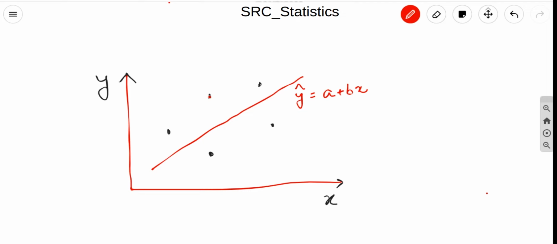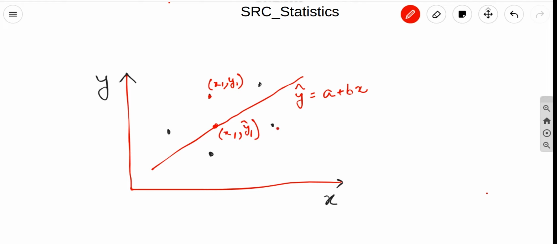Suppose this is one data point, and this is the actual value, given by x1, y1. From this regression line, the estimated value will be this one, y1 hat.